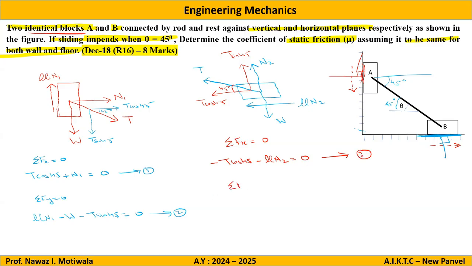And when I write summation of Fy is equal to 0, I will get the equation T sin 45 plus N2 minus W is equal to 0. Let this be equation number 4. So now we have 4 equations. Let me write all these 4 equations together.